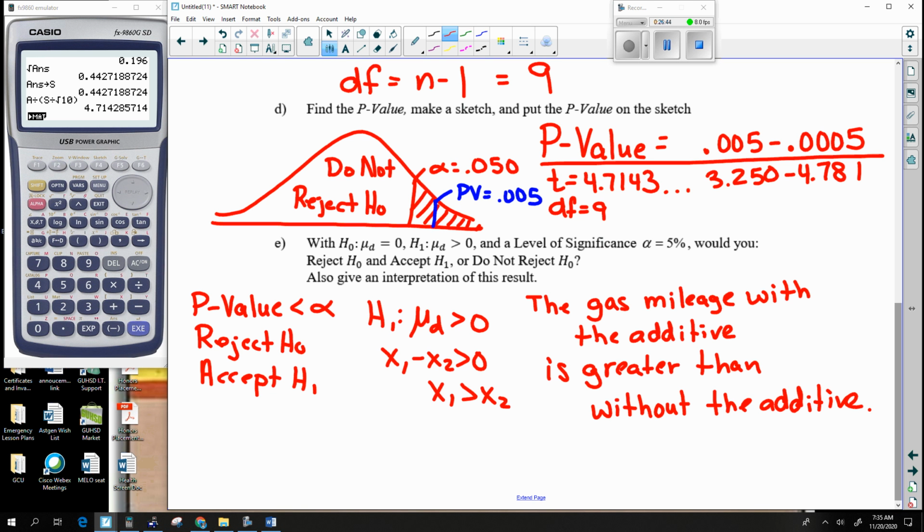Okay, again, stay away from words like is better than, is longer than, things like that. Stick to the symbols. So the gas mileage with the additive is greater than without the additive.